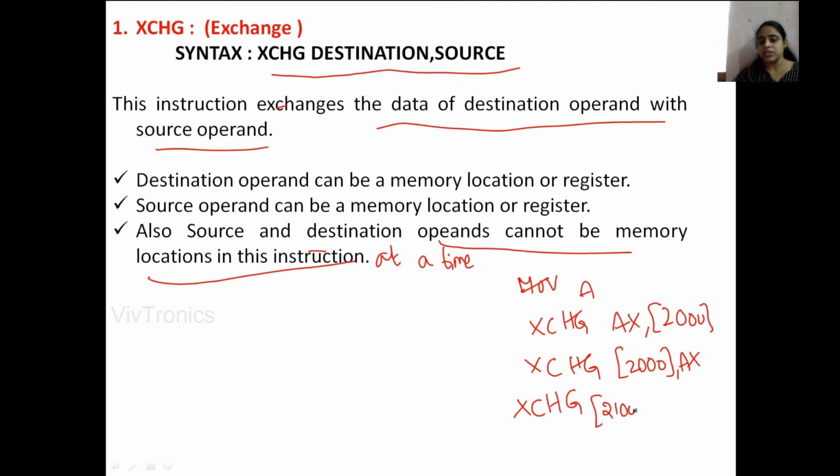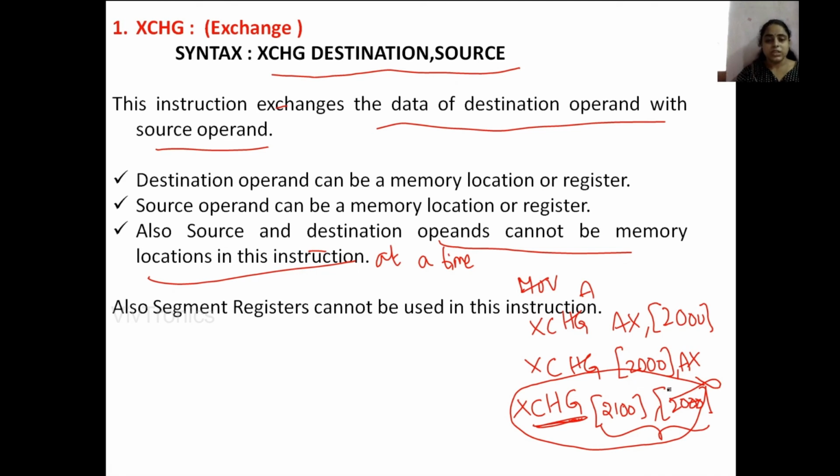That means exchange this memory location and this memory location, because it is completely associated with memory, and this instruction works with 8086 and there is no involvement of registers here, and you should not represent 2 memory locations at a time for XCHG.